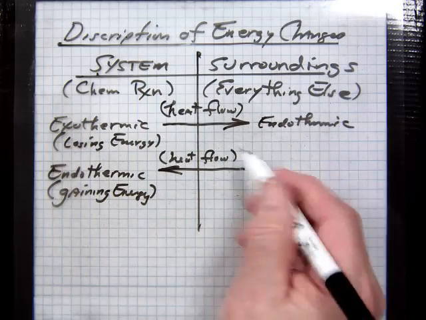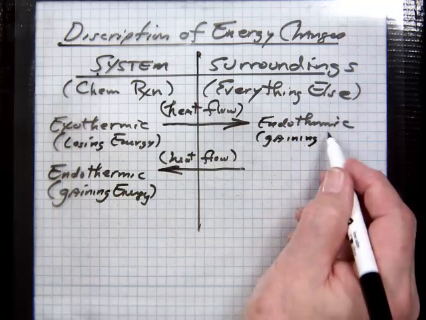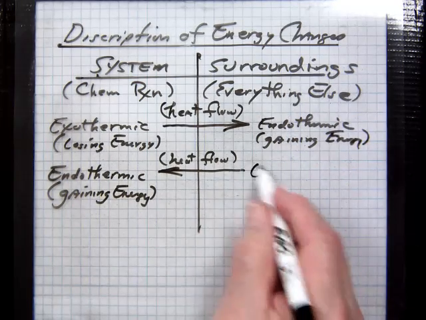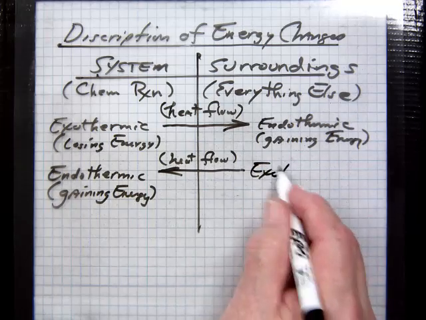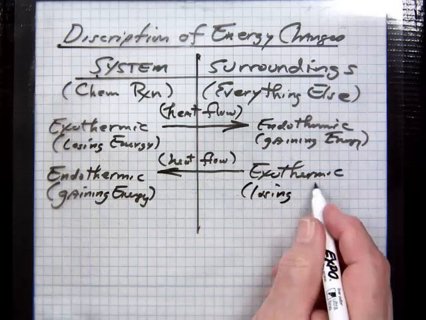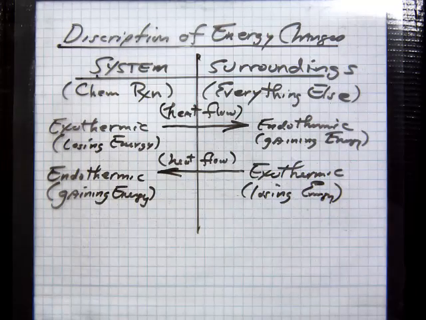That is, the surroundings is gaining energy. And vice versa, it's exothermic to the surroundings, which is losing energy, if we're just looking relative to the surroundings. But that's not how the terms are used. The terms endo and exo, keep in mind, always refer to the system. That is the reaction.